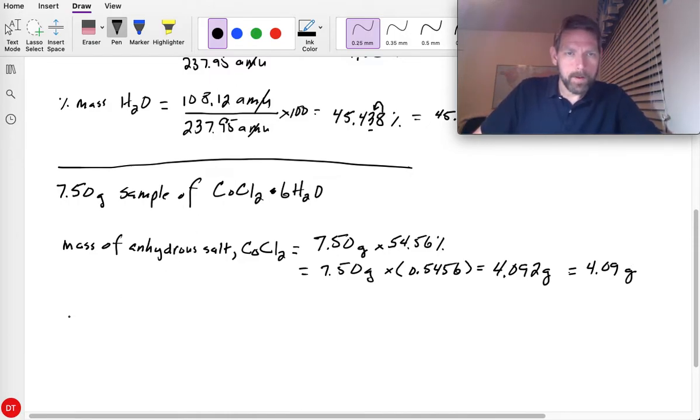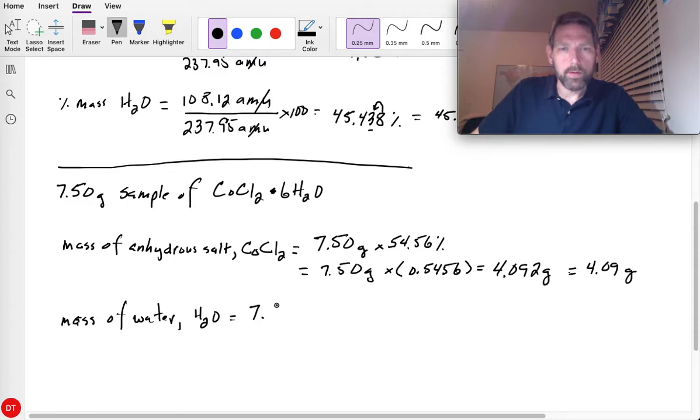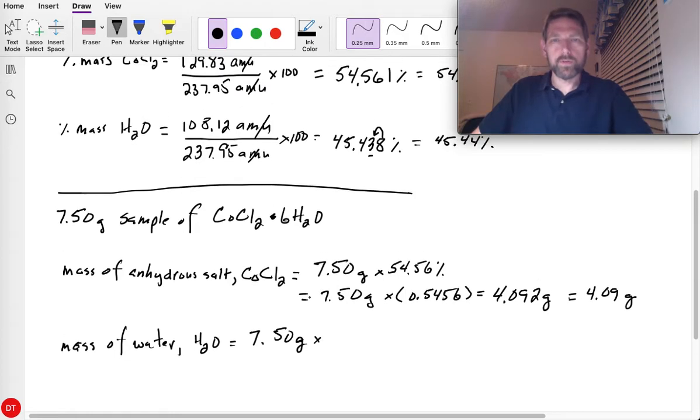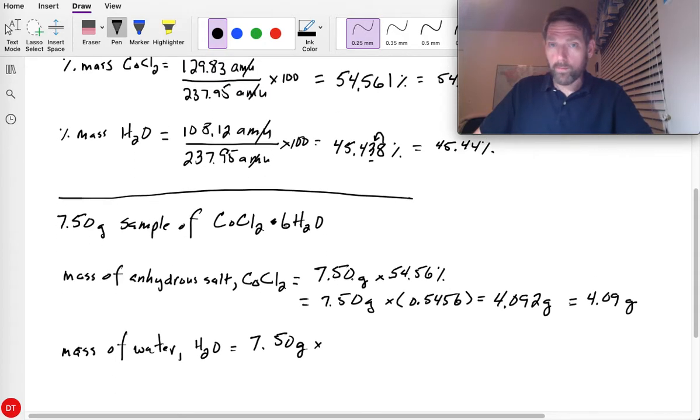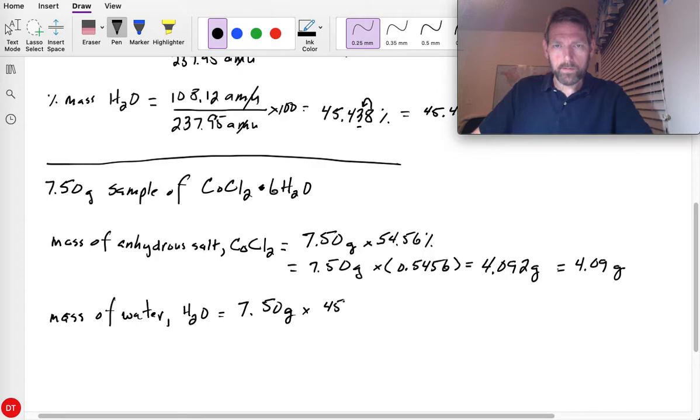All right. Now let's figure out the mass of water. Okay. Mass of water, so again, the sample is 7.50 grams times the percentage of water, 45.44%. So that would be 7.50 grams times 0.4544.